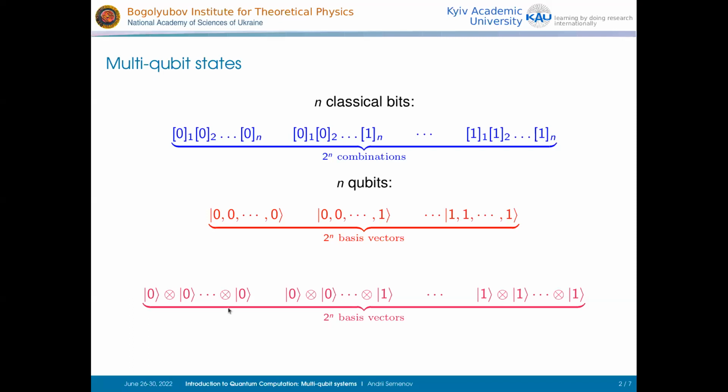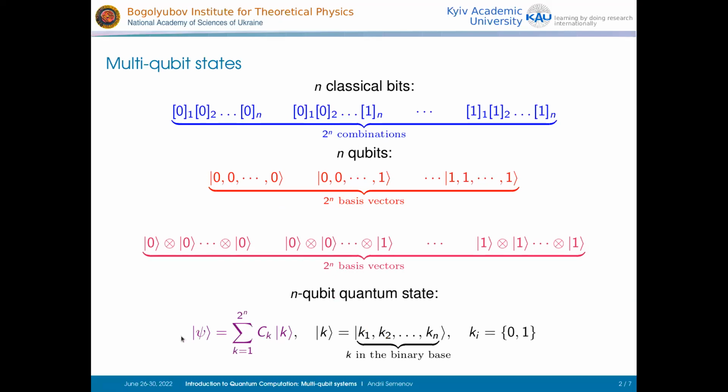And this means that our basis now contains 2^n vectors. This is the answer to some question, by the way. But here we also have 2^n combinations. What does this mean?